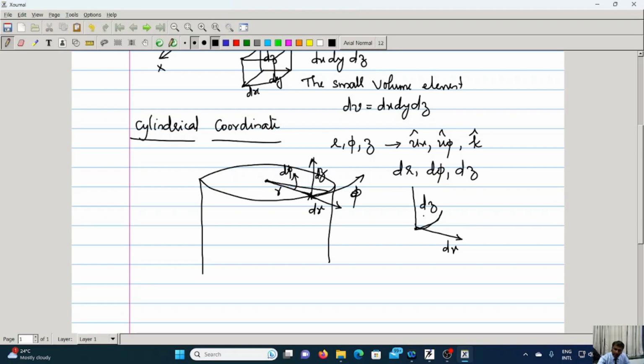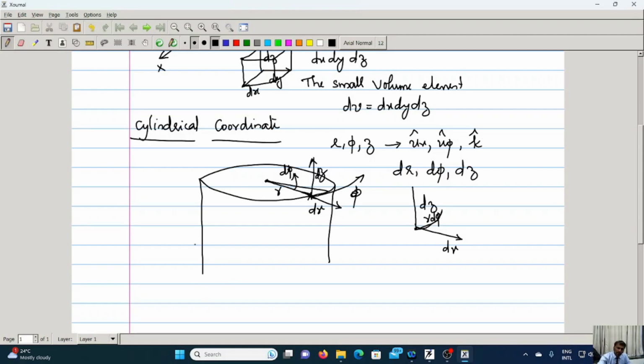So this arc length is nothing but, this is the radius, so this arc length is r into d phi. So now the incremental length can be written. If we increase this angle by a small angle d phi, that arc length will be r into d phi.